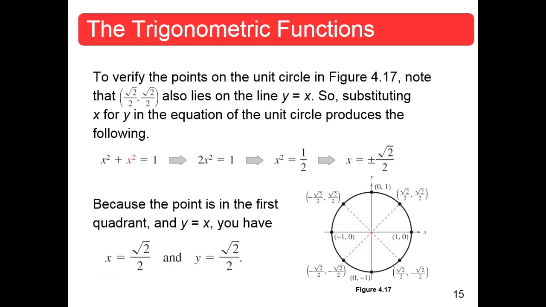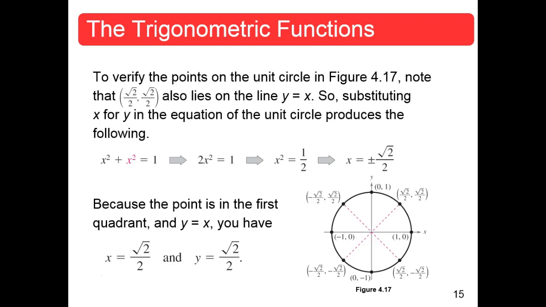Those are the x values, and the y values are the same because x is equal to y. And then you can do the -1, and x is equal to -y, and they work out the same. So when x is root 2 over 2, y is minus root 2 over 2, when x is minus root 2 over 2, y is positive root 2 over 2.